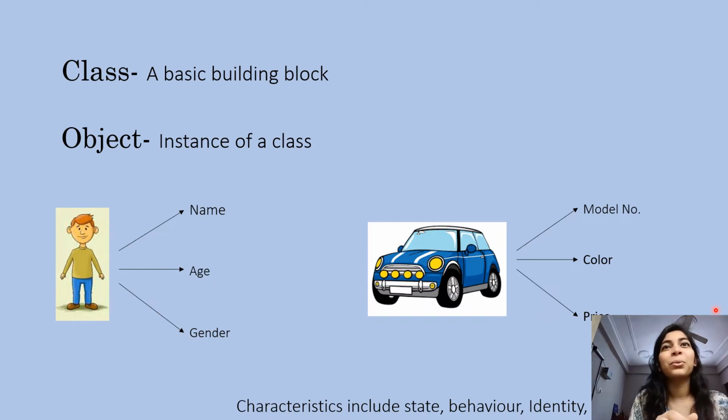Now you can see how an object inherits some properties of the class. Like a car will always have a model number, a color, and a price. Similarly, a person will always have a name, an age, and a gender.